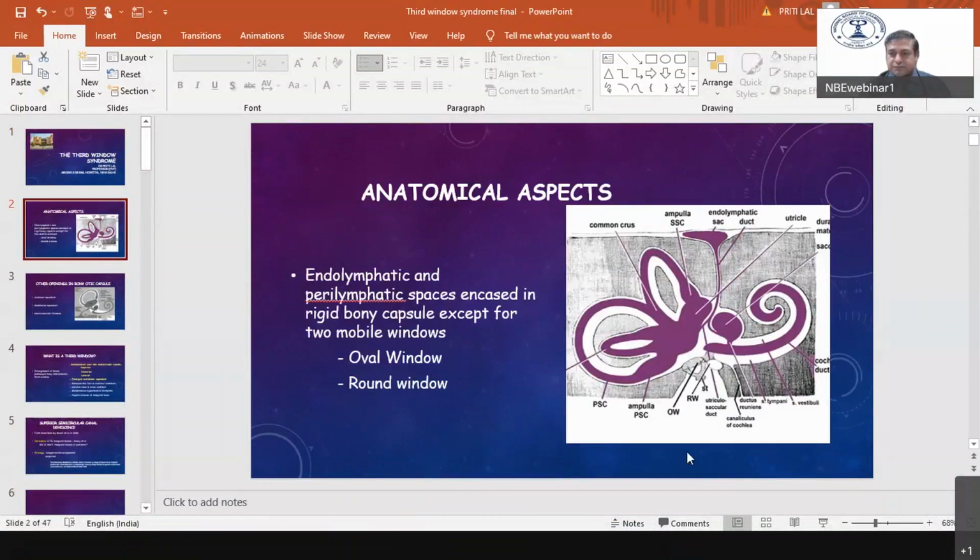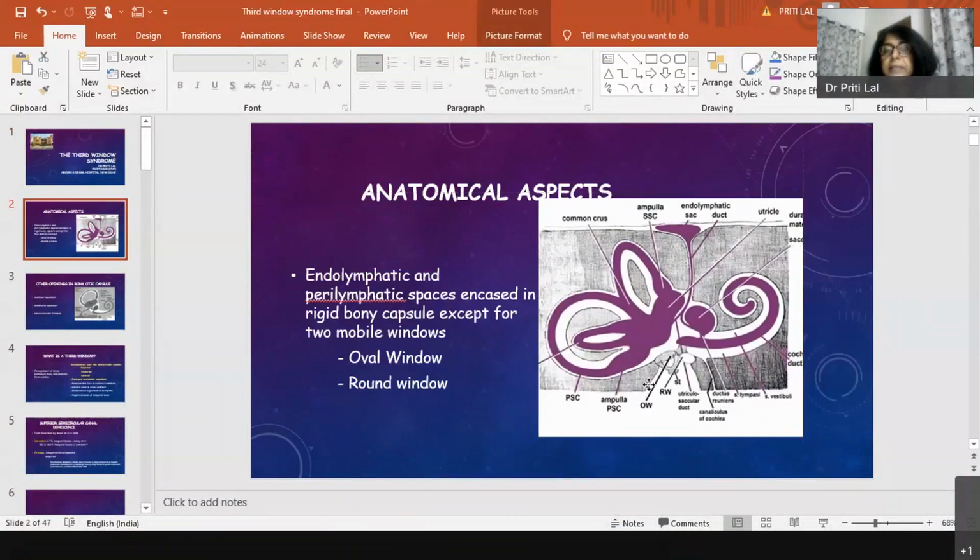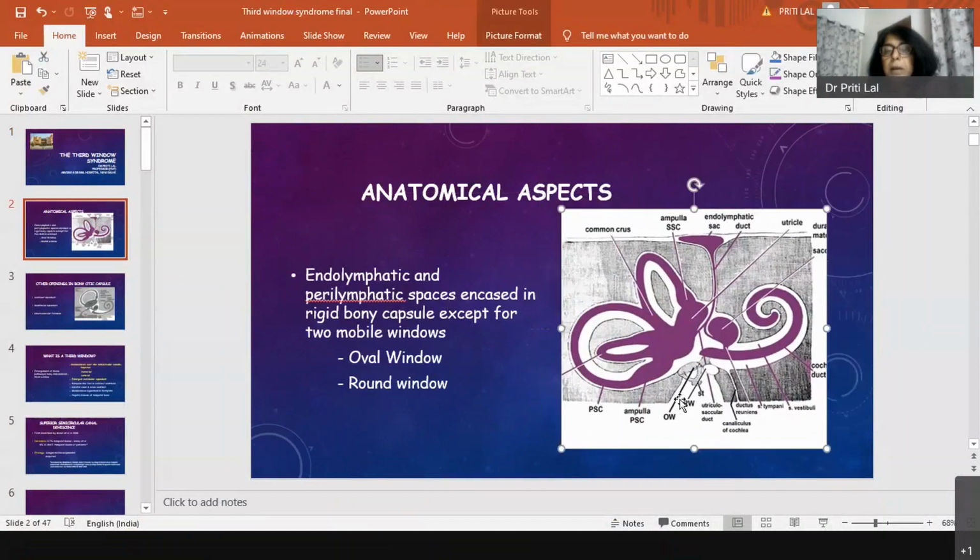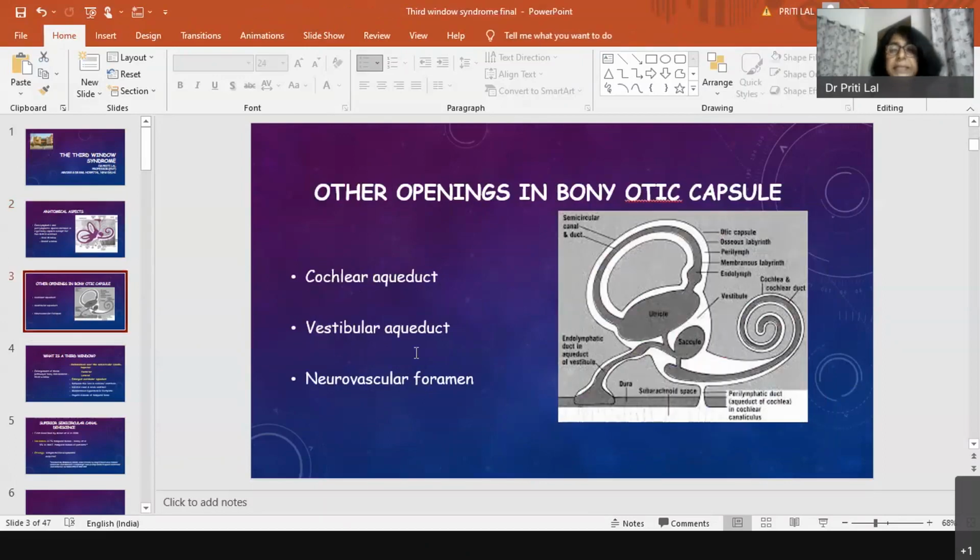So this is discussing the anatomical aspects, where we had described that the inner ear, the membranous labyrinth, is totally encased in a bony capsule except at the oval and the round windows. But in addition to these bony mobile windows, there are some other openings in the bony otic capsule which are non-functional, like the cochlear and the vestibular aqueduct.